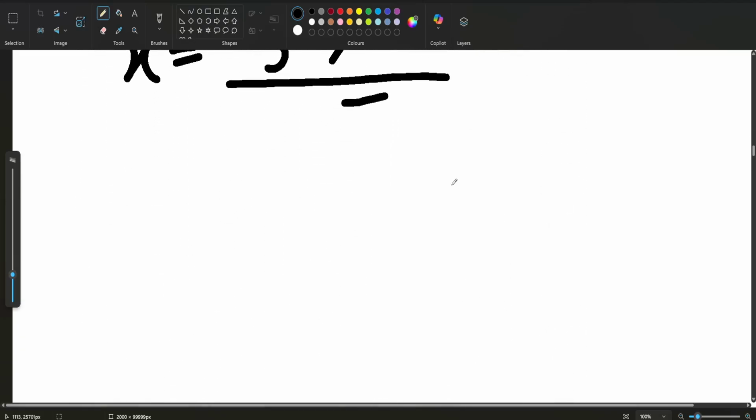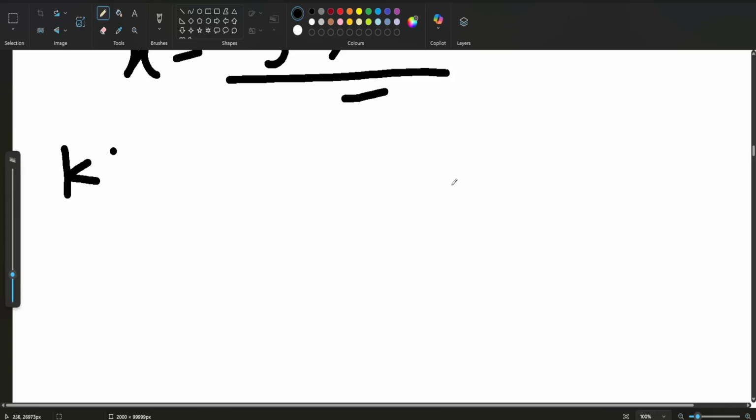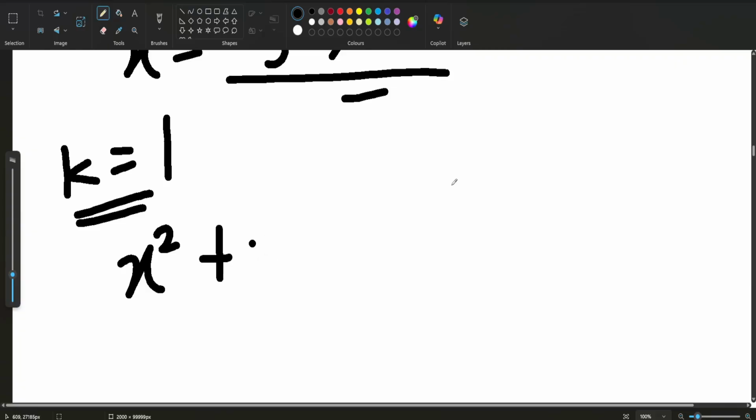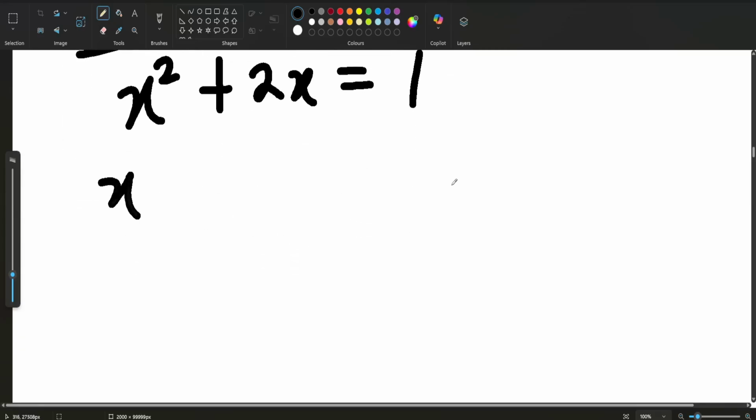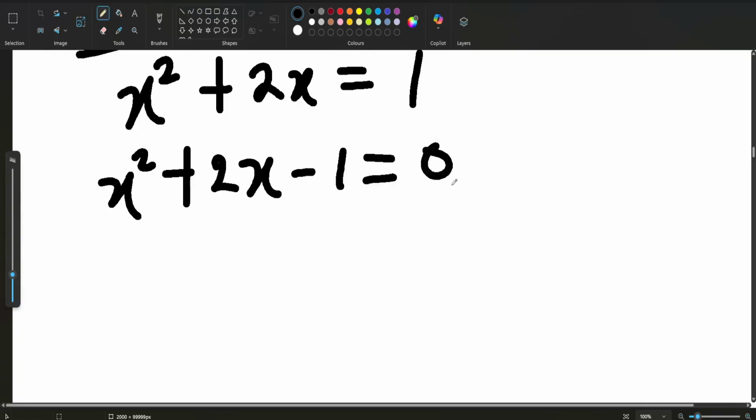Now when k is equal to 1, that means x squared plus 2x, that's k, is equal to 1. So x squared plus 2x minus 1 equals 0.